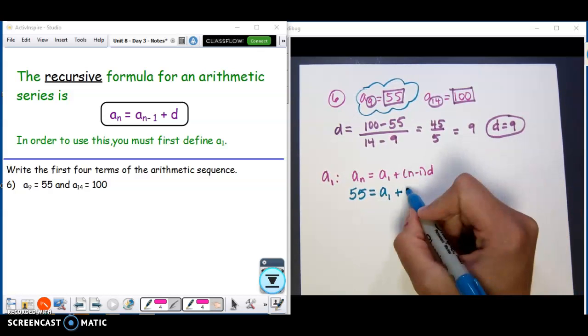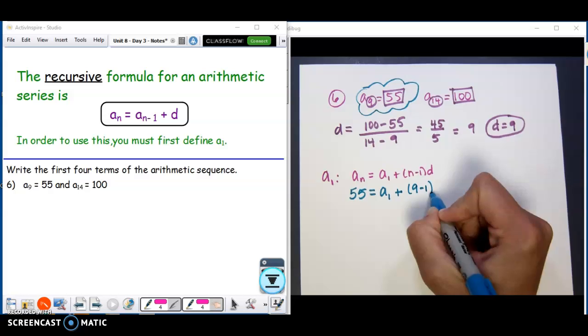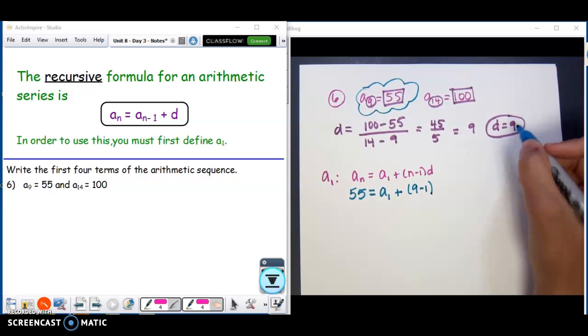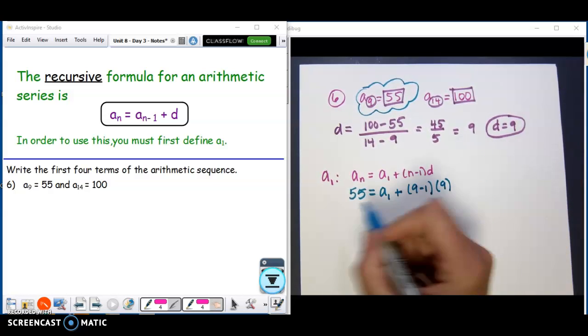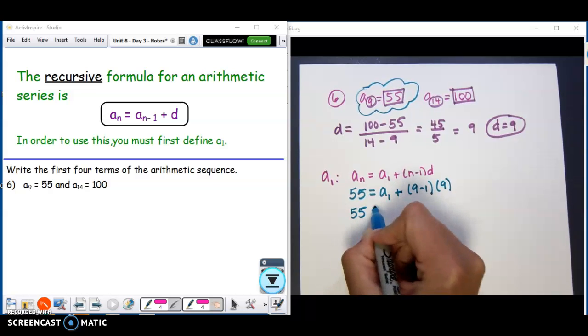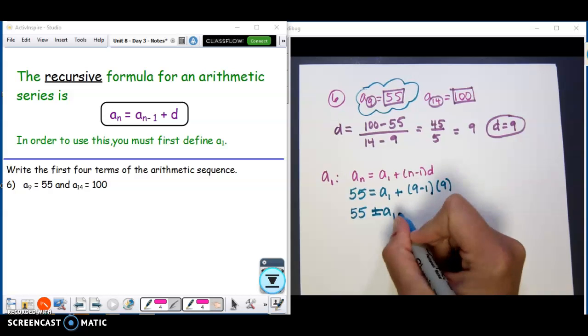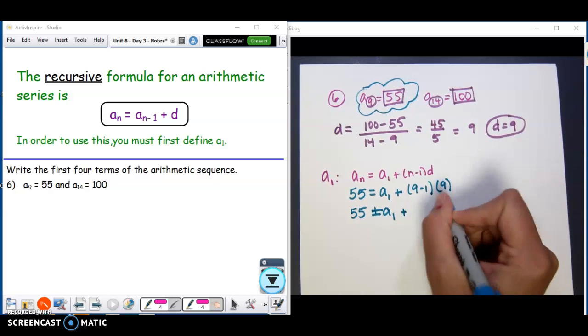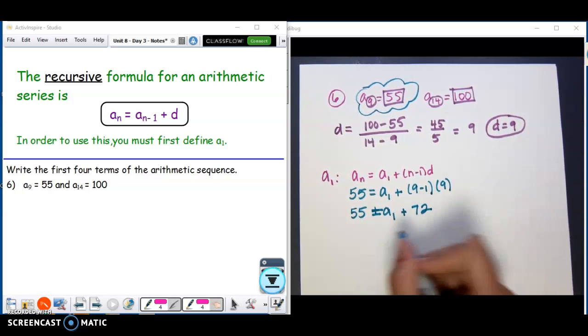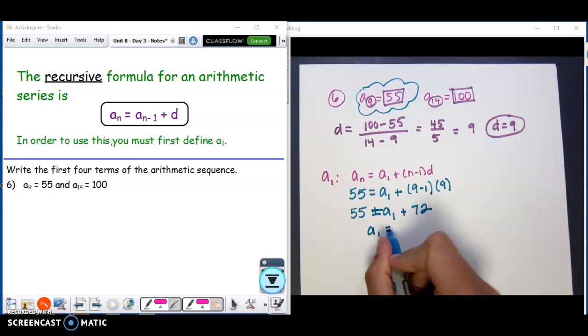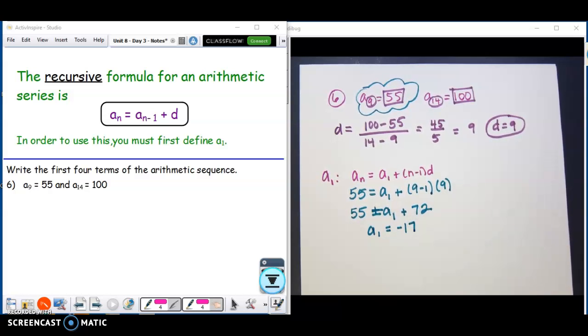Because we're using a sub 9, that's going to be 9 minus 1, and then the common difference is 9. So we're going to have 55 equals a sub 1 plus 8 times 9, so 72. So if we subtract over 72, a sub 1 is going to be negative 17.